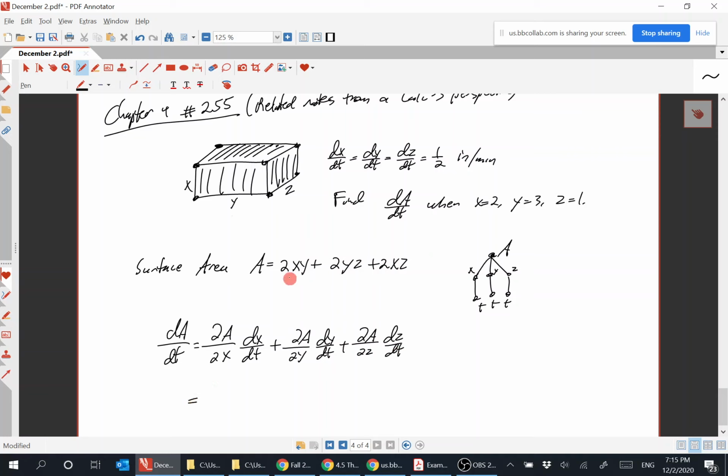So ∂A/∂x is 2y plus 2z, times dx/dt. ∂A/∂y is 2x plus 2z, times dy/dt. ∂A/∂z is 2y plus 2x, times dz/dt.